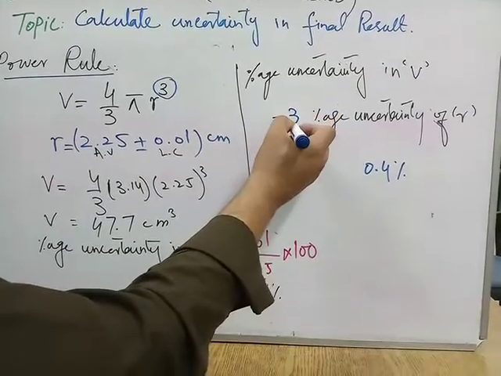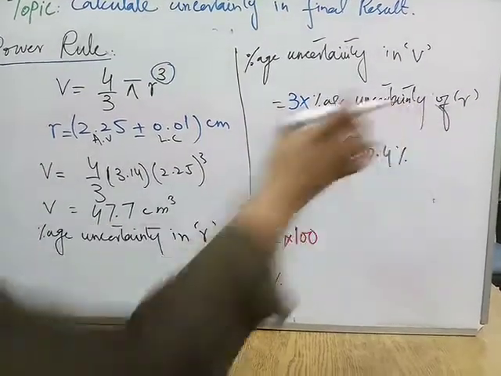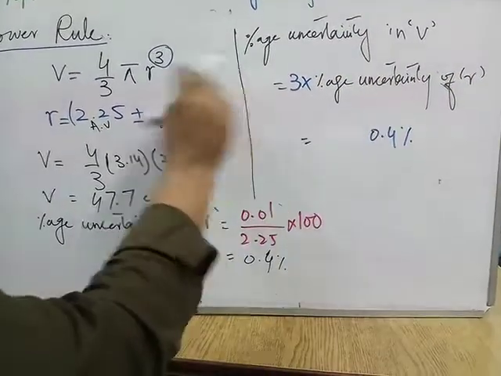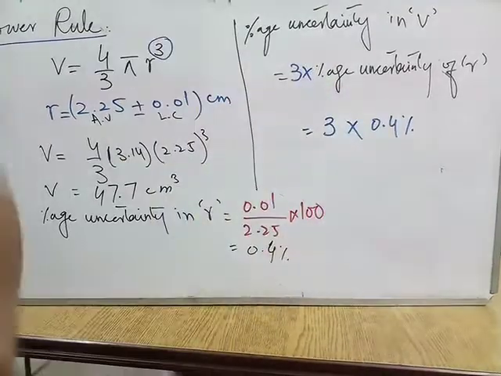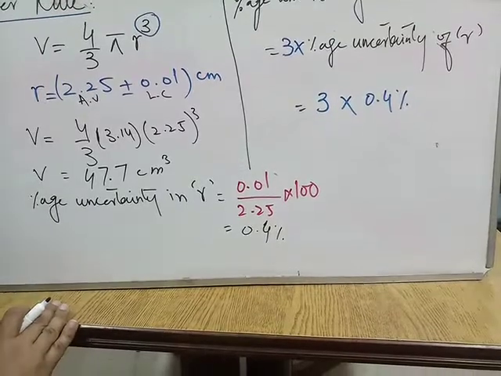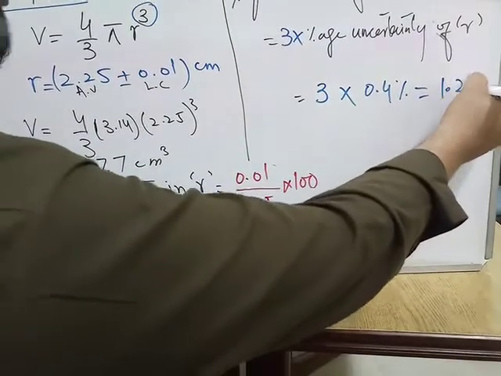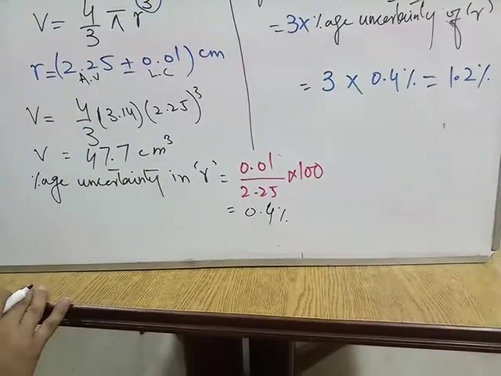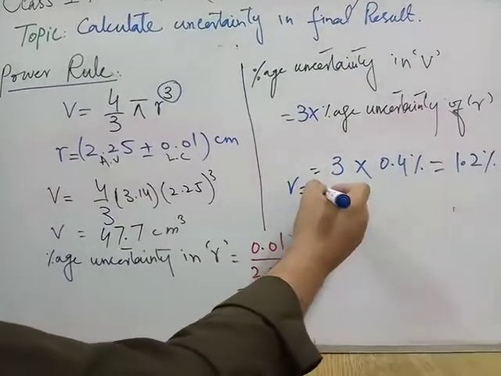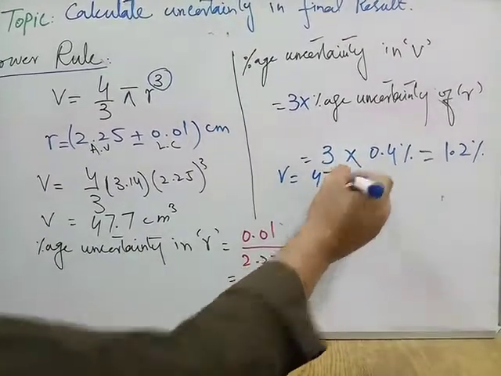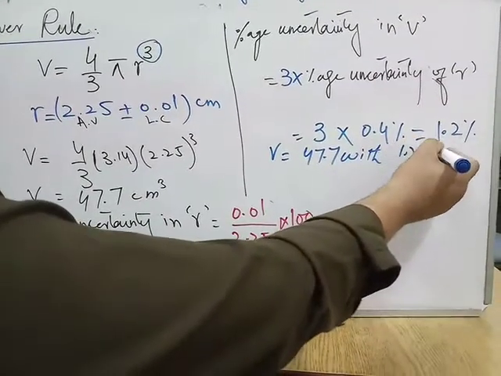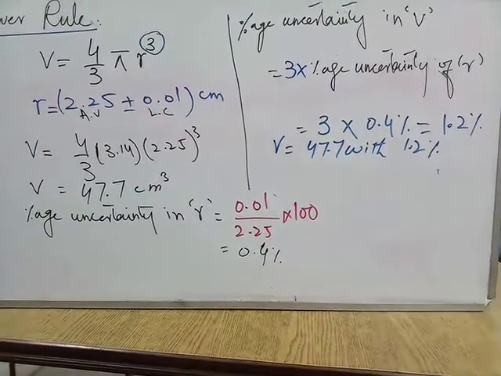So for the power rule, we multiply the percentage uncertainty of the given variable by the power of that quantity. So from here, the percentage uncertainty in V is equal to 1.2%. So here we can say that V is equal to 47.7 with 1.2% uncertainty.